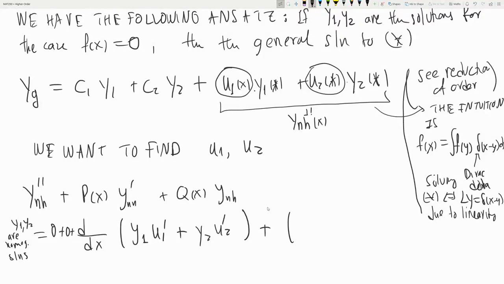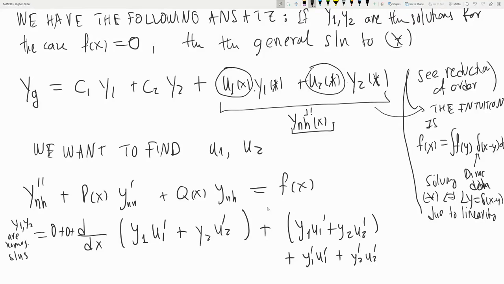That's one term. Then you have the same function without derivative, and you're left with the following: y1 u1'. And remember, we asked this to be non-homogeneous, so I might as well write it here.